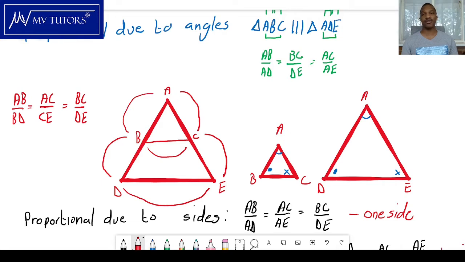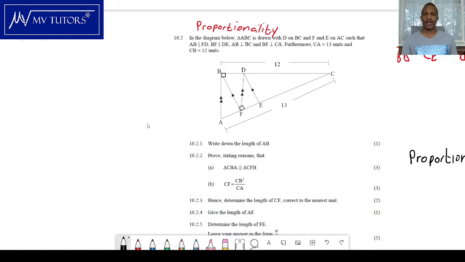Now, what I want us to do is go straight into the questions and try to apply these principles that we just learned. Okay, so here we go with the question. It says, in the diagram below, triangle ABC. Now, you should always look as you read for the triangle. So ABC, I see it, is drawn with D on BC.